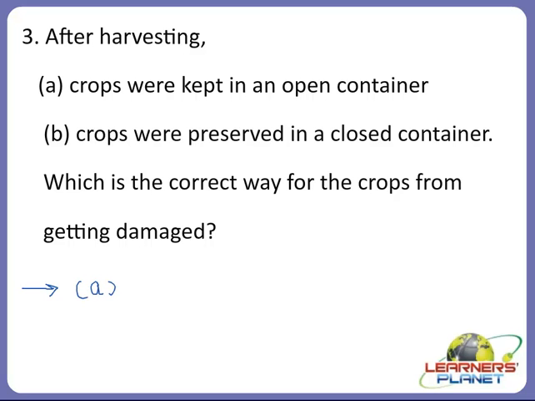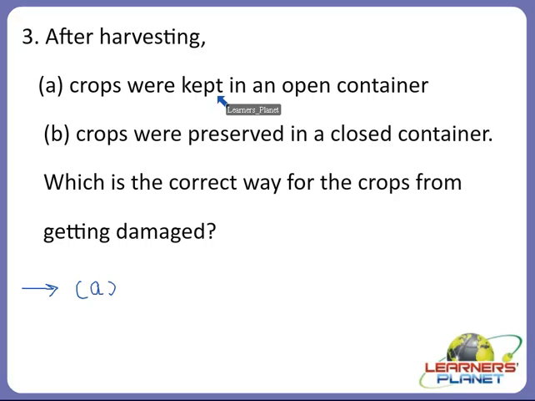That means the crops which were kept in an open container, because as you know children, the last step of agriculture is that the crops are harvested. Harvested means they are cut and gathered when the crops are totally ripened. Right? So children, crops also need protection from birds, insects, rats, etc. before and after harvesting.